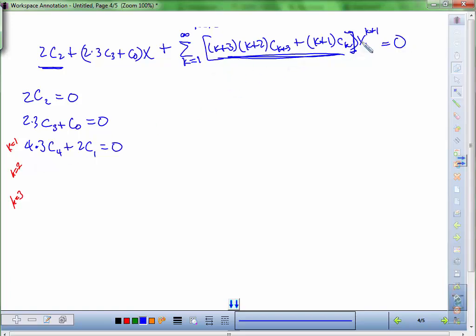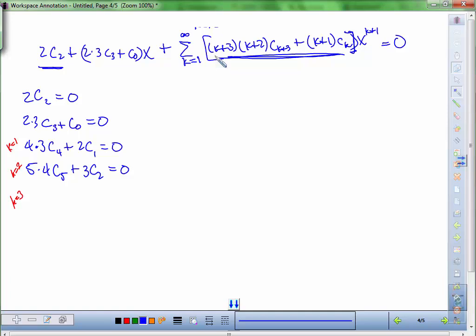So k is equal to 2. Let's put 2 in for k. This looks like it's 5 times 4, c5. And then k is equal to 2, this is going to be 3 c2.